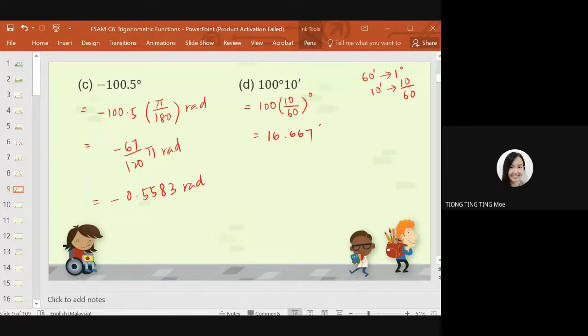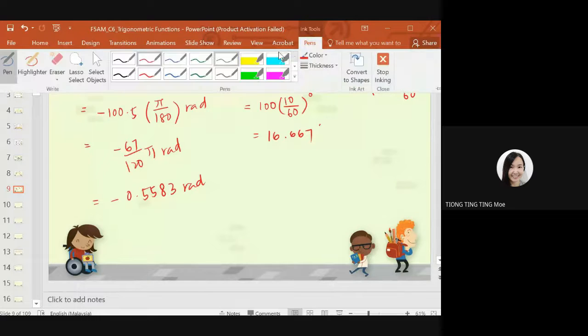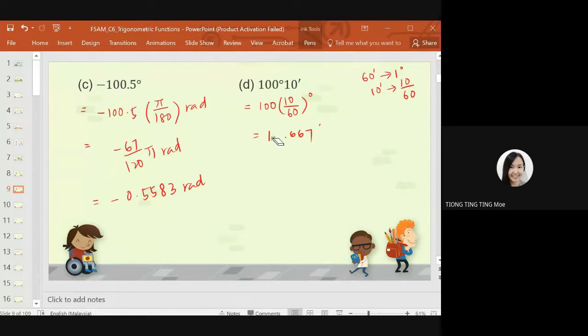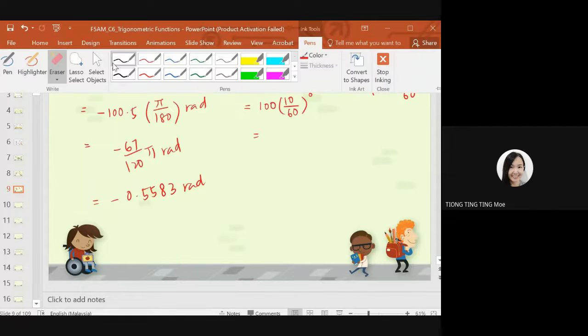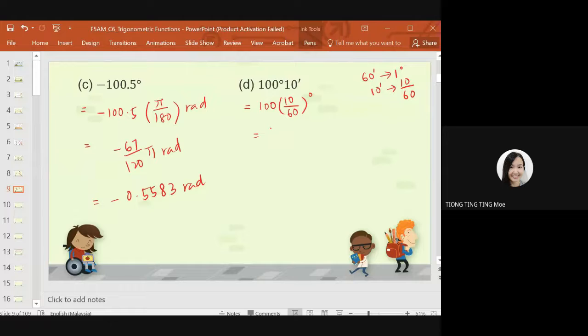What did I forget? It's 100 plus 10/60, so you get 50/3 degree.